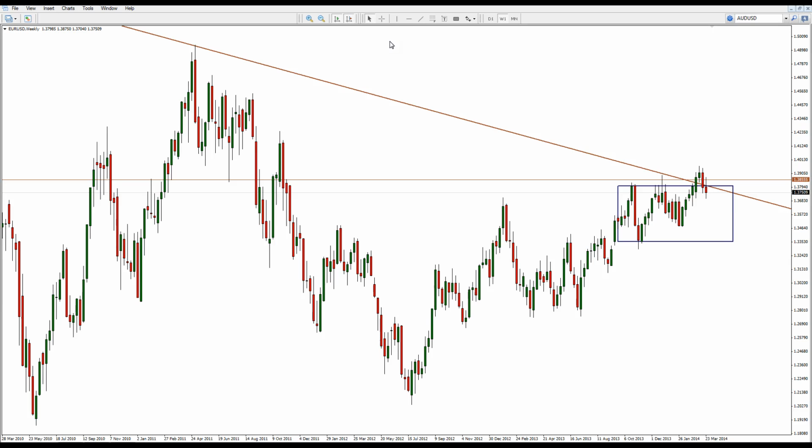We will see, and we already see the price fighting with the old resistance levels that now act as support. Okay.